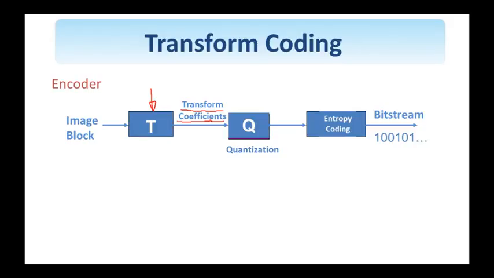We then look at the relative importance or contribution of these coefficients towards the original image. For those coefficients that contribute more, we treat them gently. We quantize them with a fine quantizer. And for those coefficients that contribute considerably less, they are quantized coarsely or they're discarded. So this is the purpose of the quantizer here.